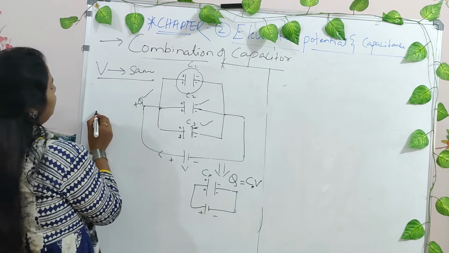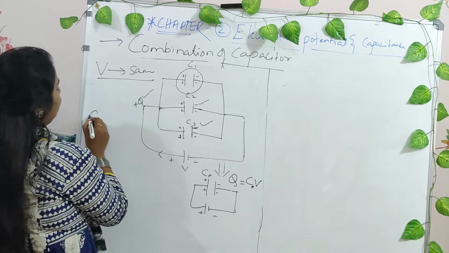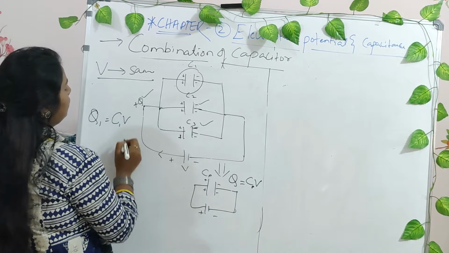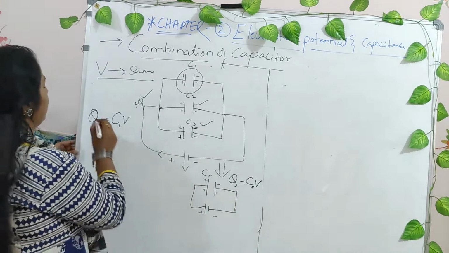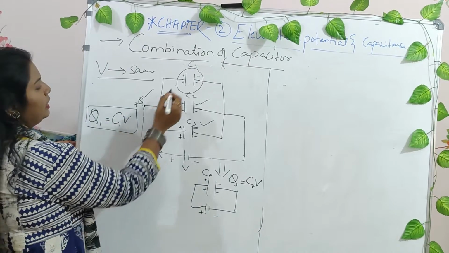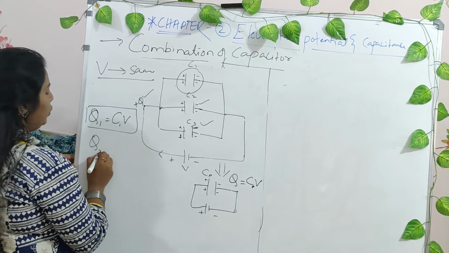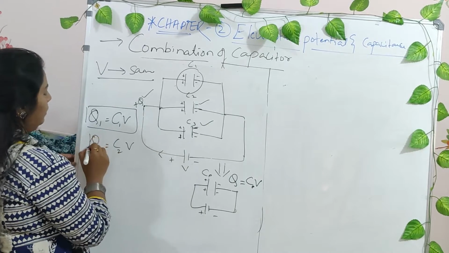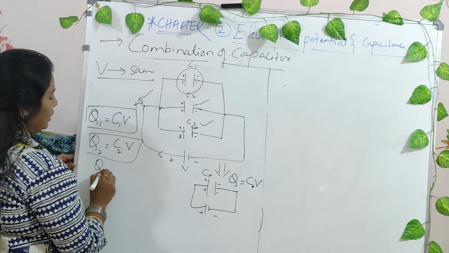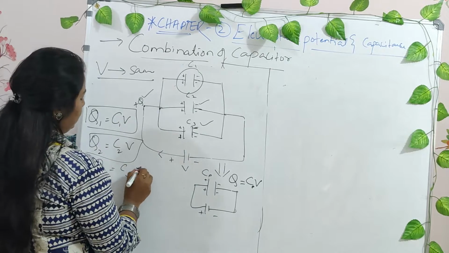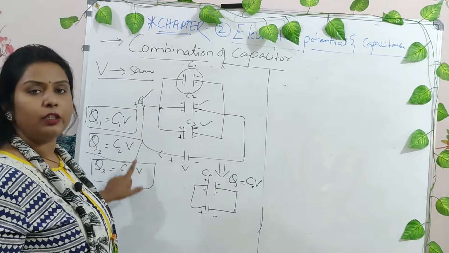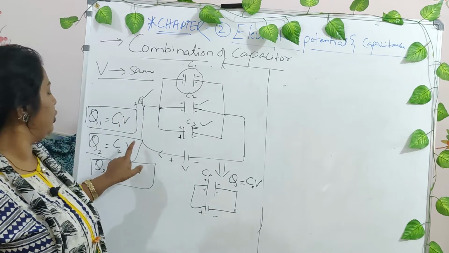Now, the charge on C1 will be Q1 = C1V, right? This is the charge on the C1 plate. What is Q2? It is C2V, right? What is the charge Q3? C3V, right? Why are we writing only V here? Why not V1, V2 and V3?